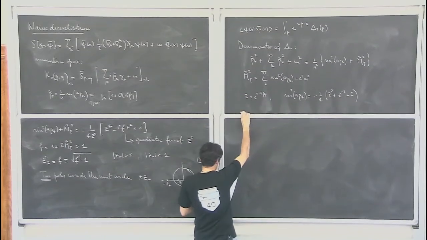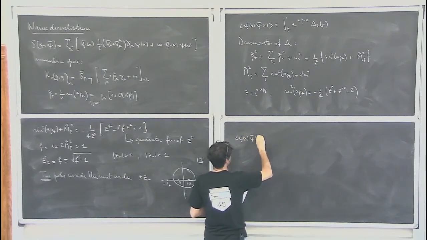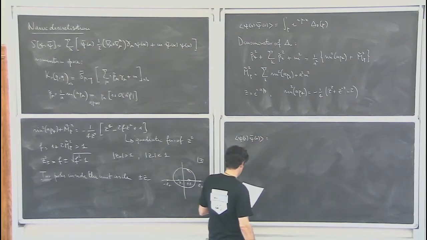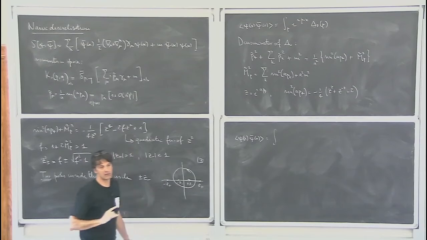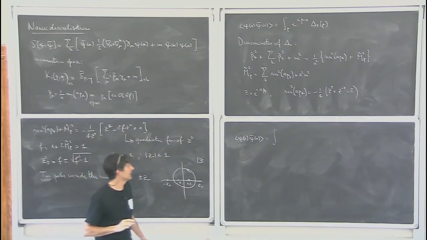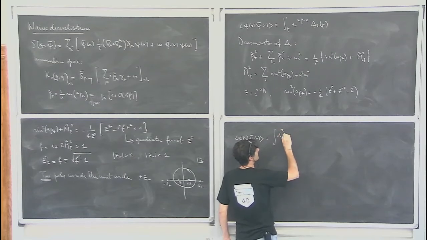And so we can write the two-point function in the following form. Remember, we've done the integral over dp4. Okay, so we still have the integral over the spatial components.